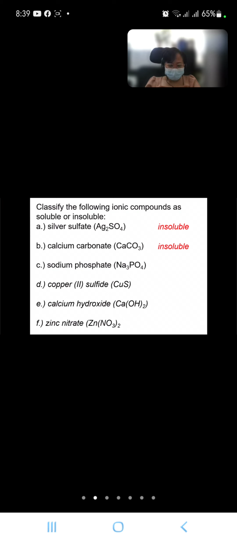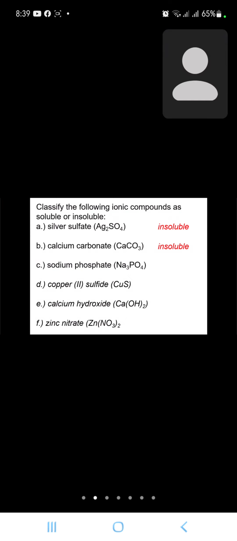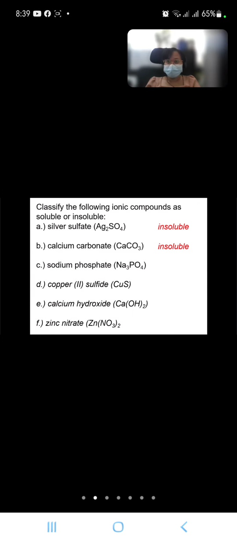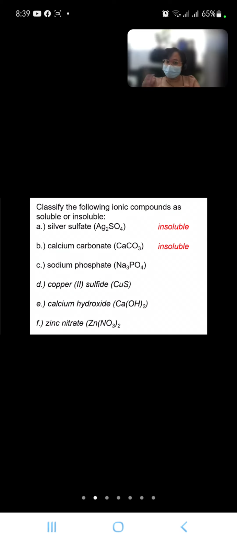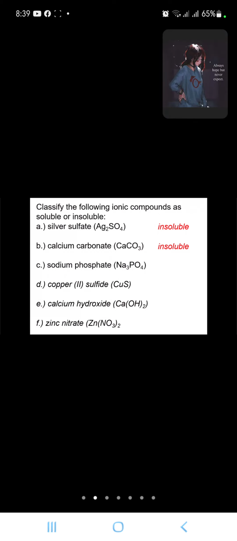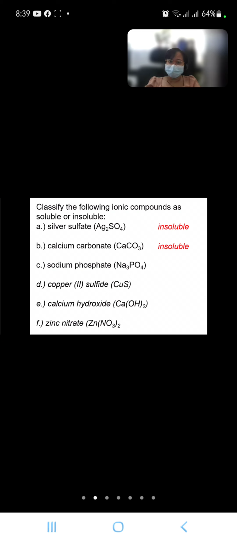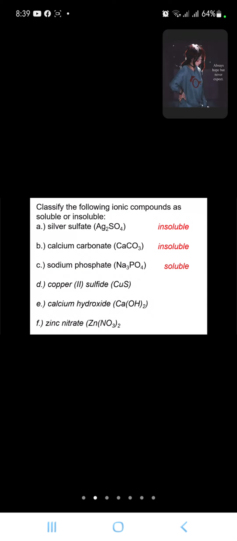How about letter C? Soluble, ma'am. Why soluble? Sodium is alkaline. Phosphates are insoluble, but because of sodium, sodium is an alkaline metal, so it becomes soluble. How about letter D?